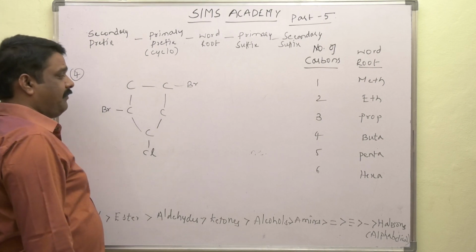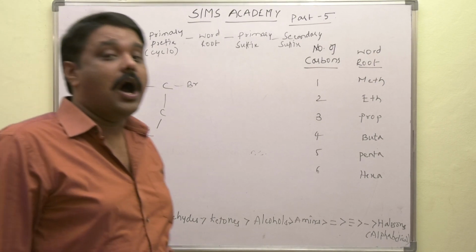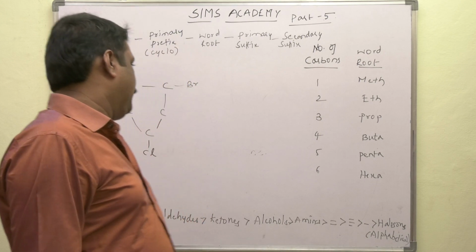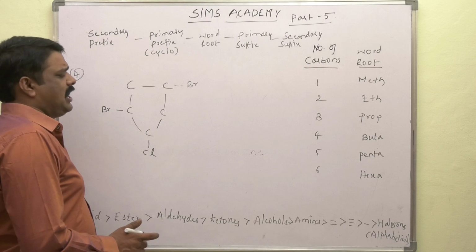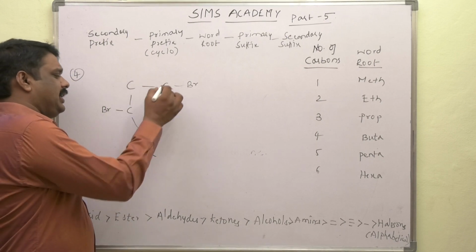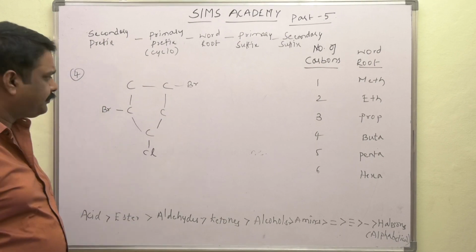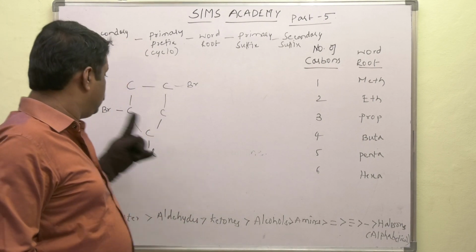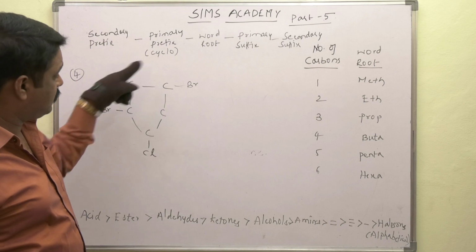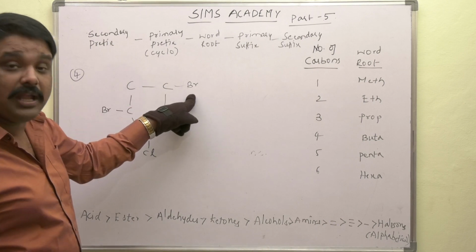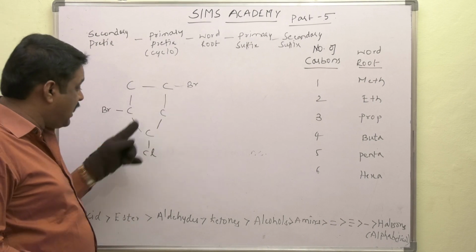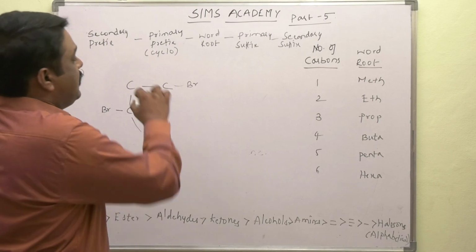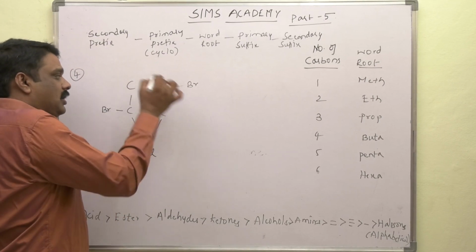From which carbon are we supposed to give the numbering? Let us move in the clockwise direction: 1, 2, 3, 4, 5. After bromine, we need to give priority to bromine only. Hence, we get third number for this bromine. If I move in this manner, 1, 2, 3, 4, fourth number we are getting. Hence, we need to give numbering in the clockwise direction.